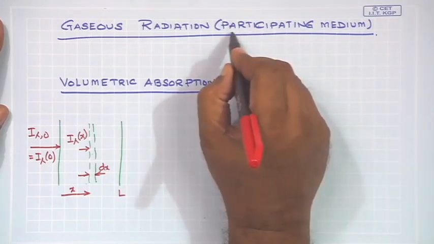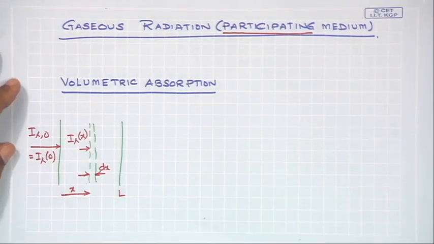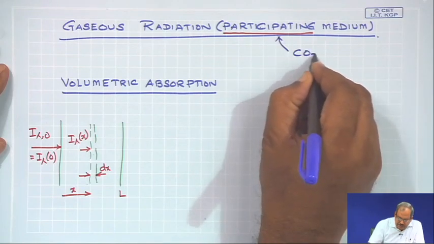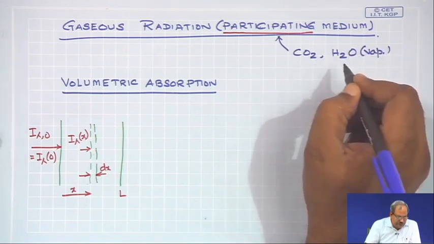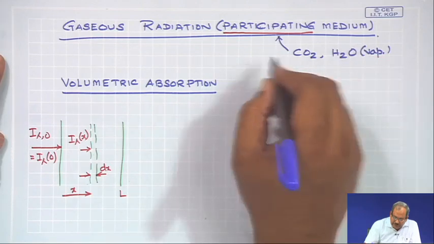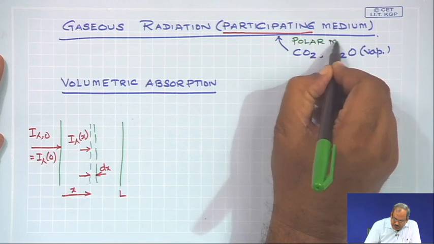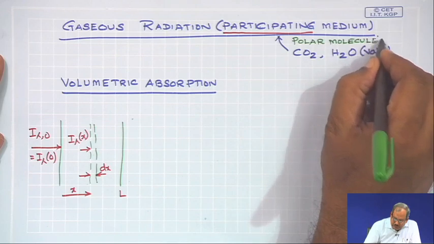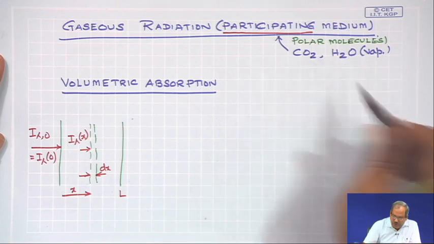So, the important point here is the participating medium. The gas present in it is going to participate. Examples for this are carbon dioxide, H2O vapor, or a combination of these two. These are polar molecules. They start to participate in it, and they absorb over a wide range.